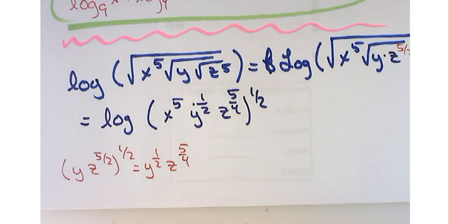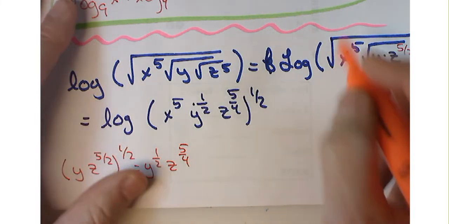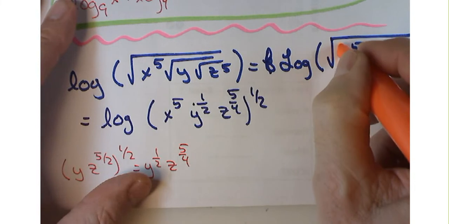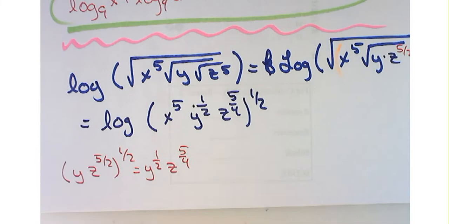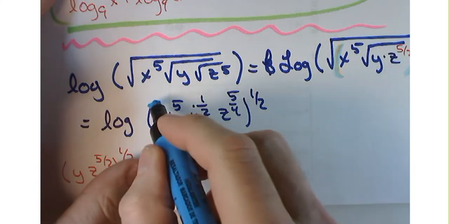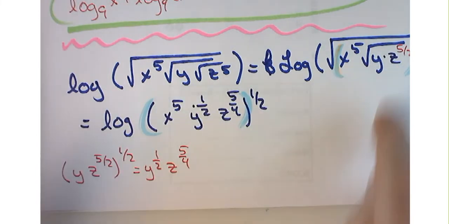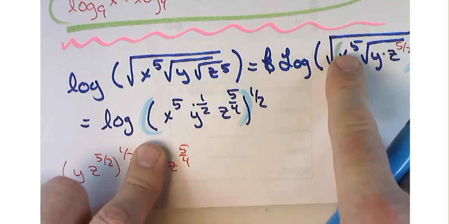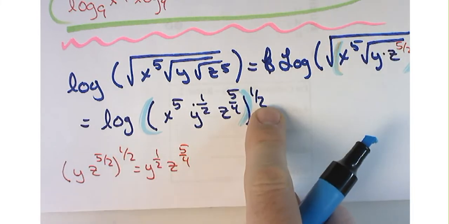Now I'm doing it all to the 1/2 because we're taking the square root of all this. So all of this is under the radical. Taking the square root of something is like raising it to the 1/2 power.